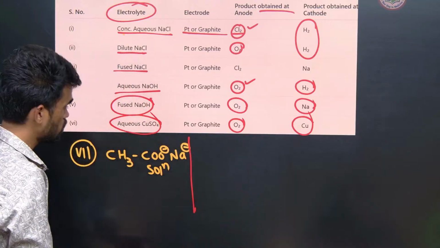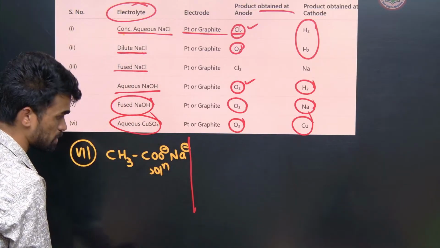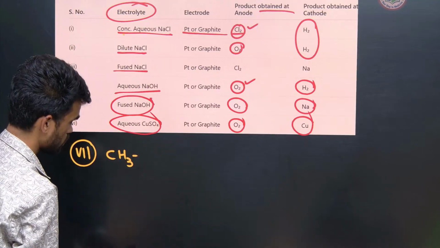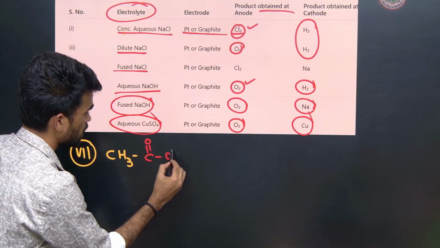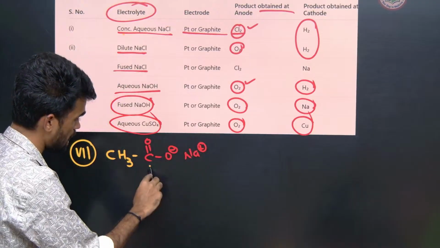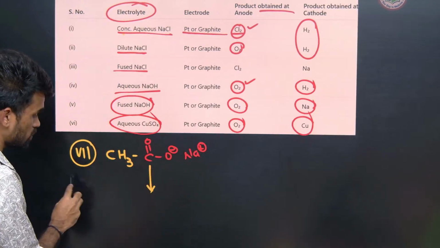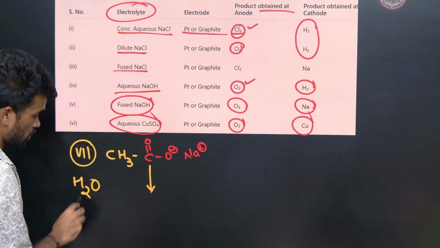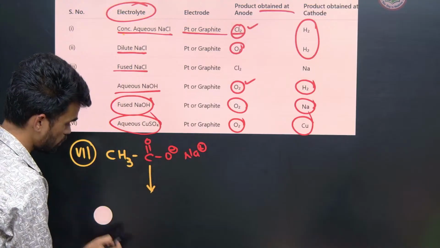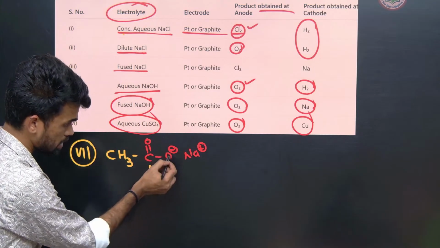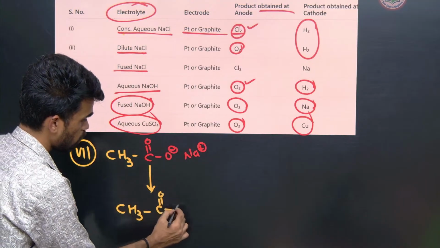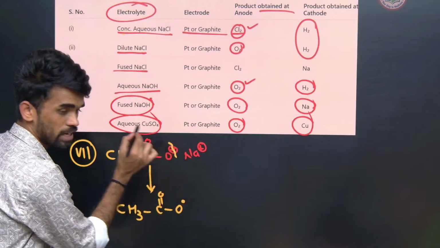Oxidation takes place now. So loss of electrons takes place at anode. So just let me write the structure of this properly. CH3COO minus Na plus we have now. So at anode what we have? This anion part we have, and along with this we have H2O. So this anion, what happens means, it releases electrons and forms CH3COO radical, it will form by losing one electron first.